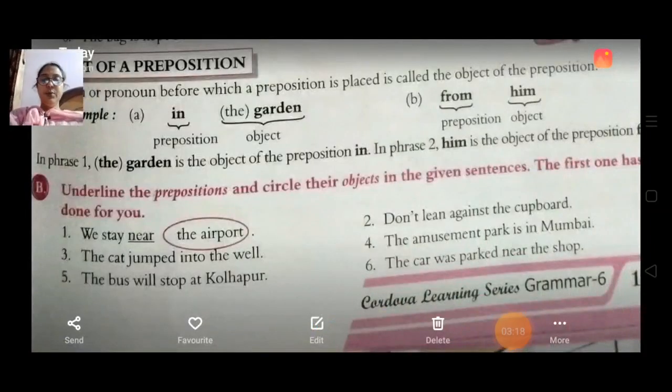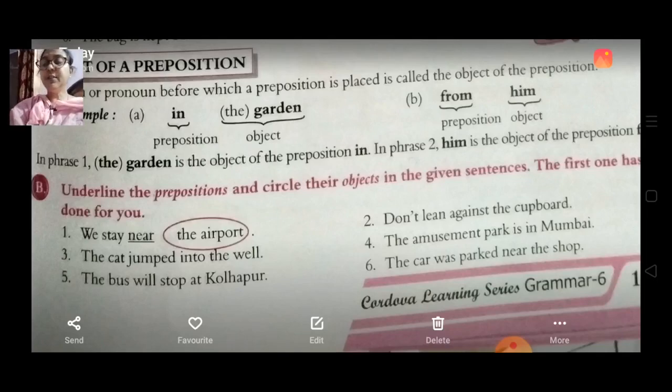Now we are going to start our exercise B, which you can find on page number 101, already on the first page that we have seen. What are we going to do in this exercise?